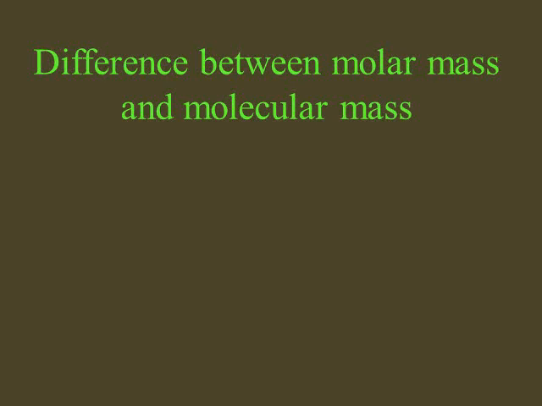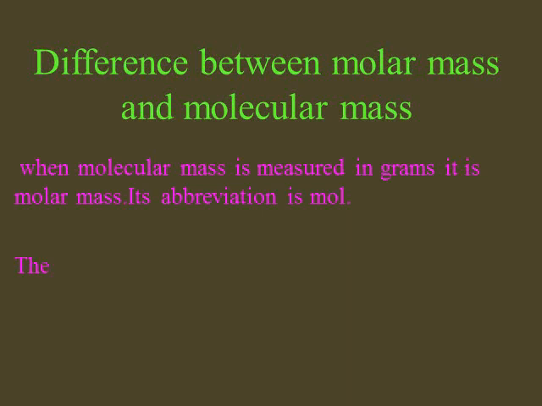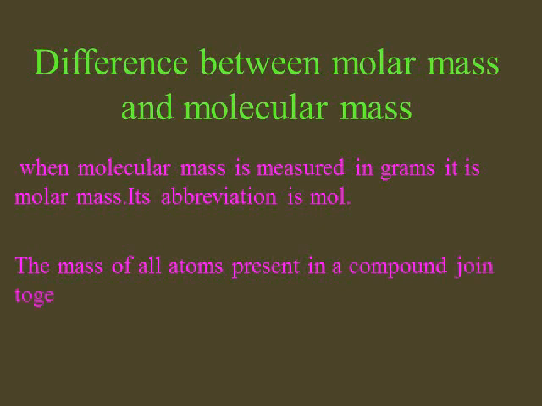What is the difference between molar mass and molecular mass? Here molar mass will be taken when we take our substances in grams. So when molecular mass is measured in grams, it is molar mass and it will be abbreviated as mol. And when the masses of all atoms present in a compound are added together, it will give us molecular mass.